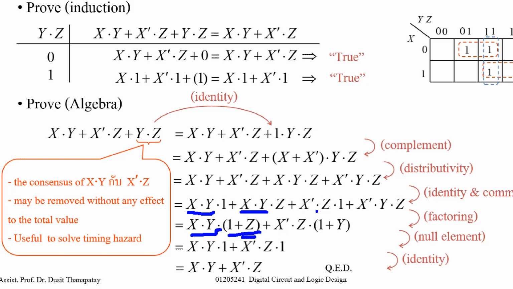This one also, x prime z, x prime z. By factoring x prime and 1 plus y, 1 plus any variable becomes 1. 1 plus y is 1. 1 and x and y is x and y. 1 and x prime and z is x prime and z. So QED.